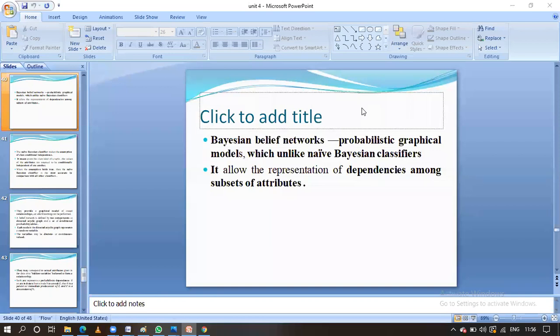The first unit, what is the important question? KDD process. Second unit, the pre-processing related diagram. You have to concentrate on the different pre-processing techniques. The third unit, that is the decision tree, you have to concentrate on.